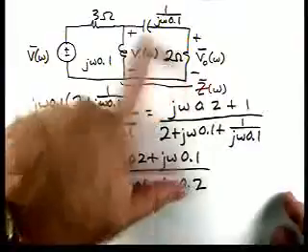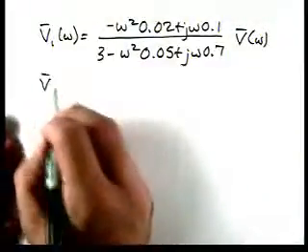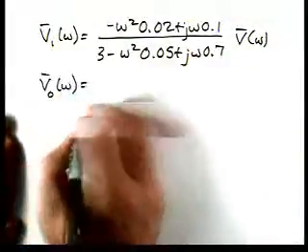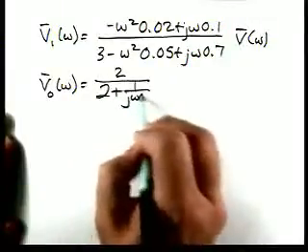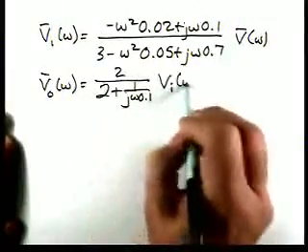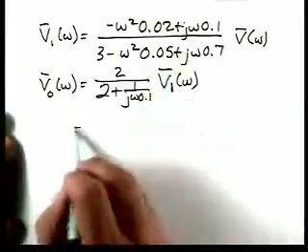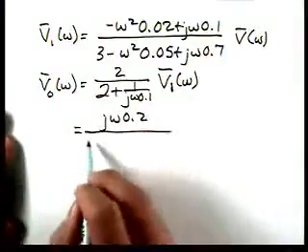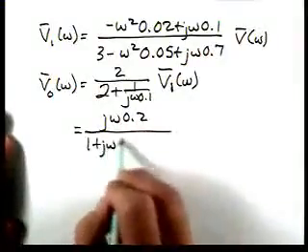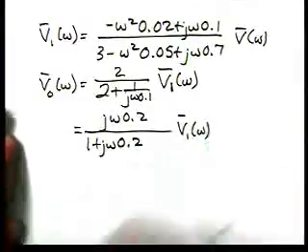We'd have 2 over the sum of those two. So then V0 of omega is 2 over 2 plus 1 over j omega 0.1 times V1, and that's j omega 0.2 over 1 plus j omega 0.2 times V1 of omega.